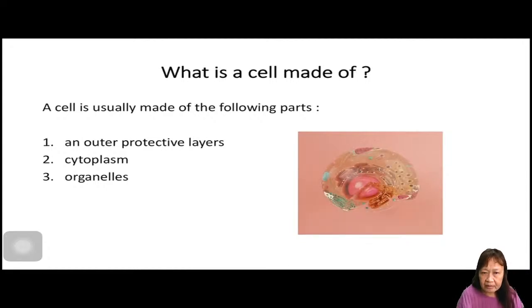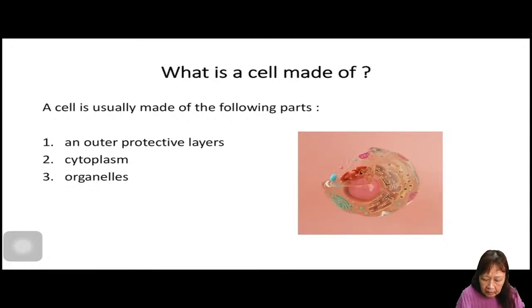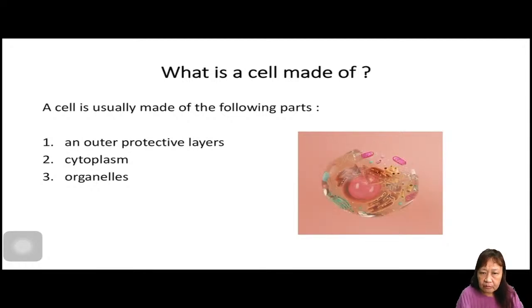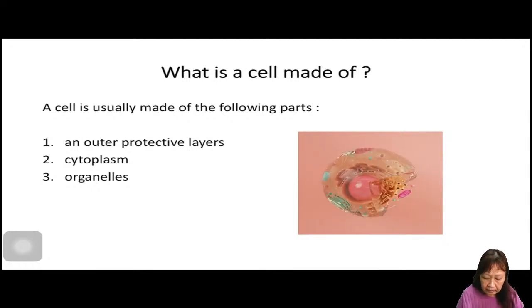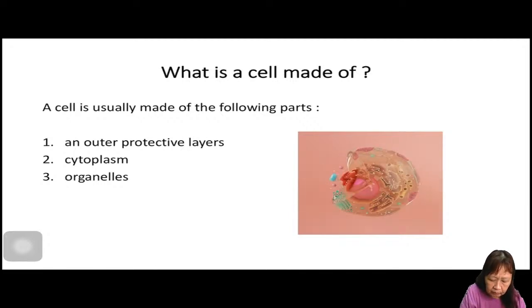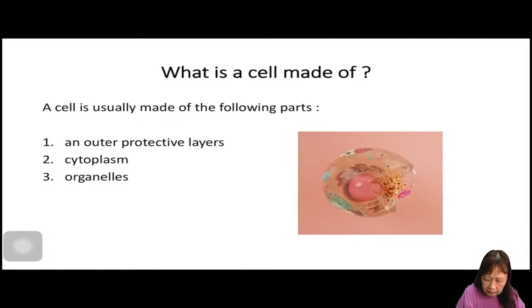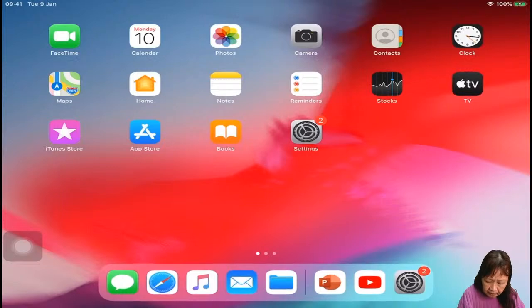We have the plant cell and animal cell. Now, a cell is usually made of the following parts. We have an outer protective layer, cytoplasm, and organelles.